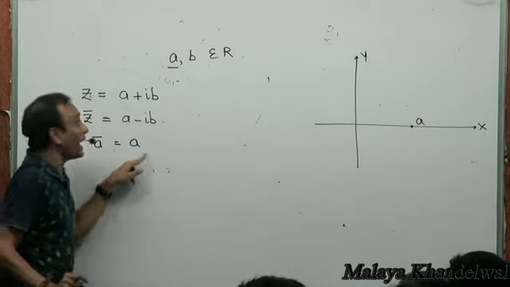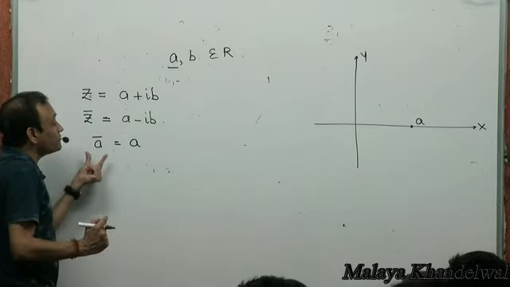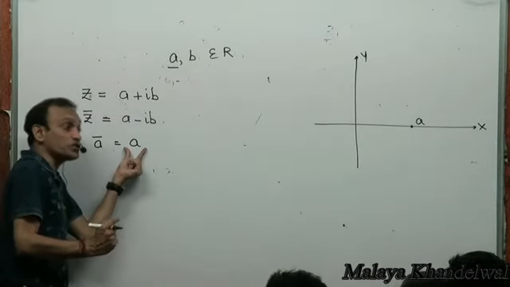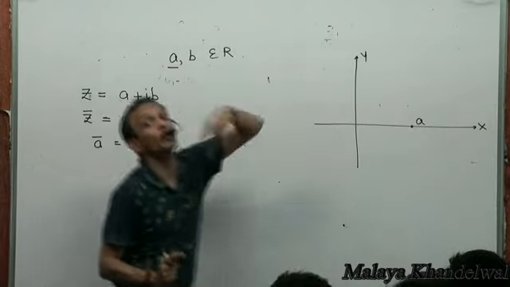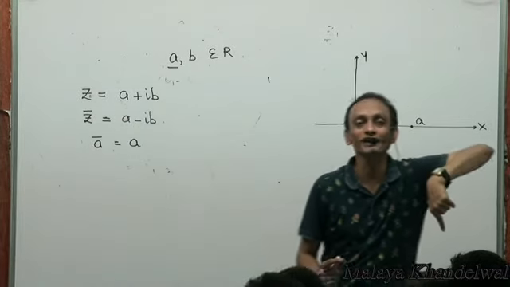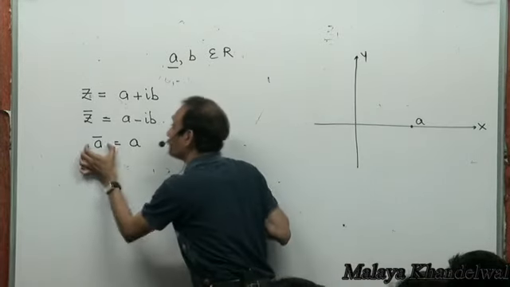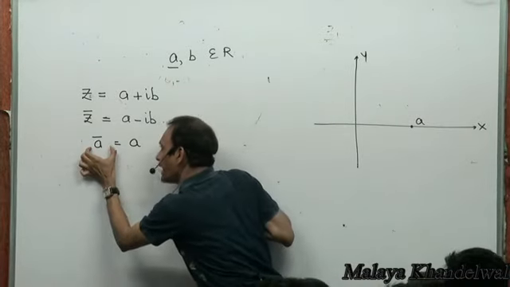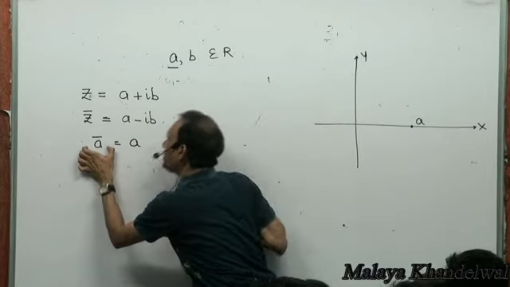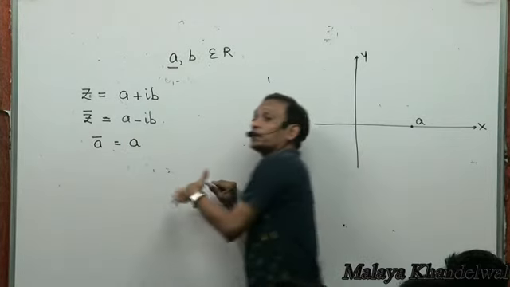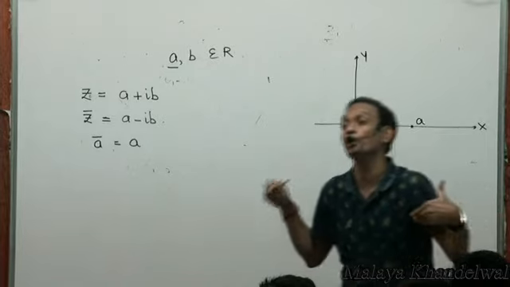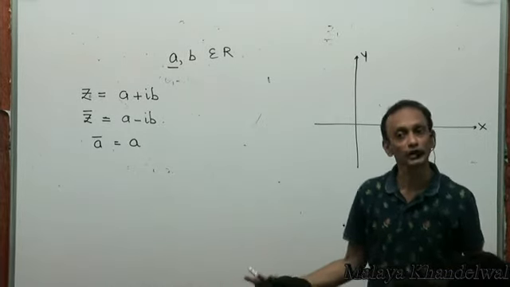Yes or no? And conversely, if I have a number such that its conjugate is equal to the number itself, then I can claim that the number must be purely real. That's the converse of the result. If I find that there is a number of which I do not have knowledge, but I figure out that the conjugate of this number is the number itself, then I can conclude that that number must be purely real.